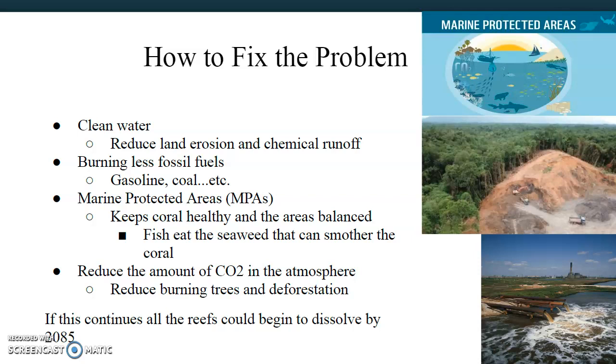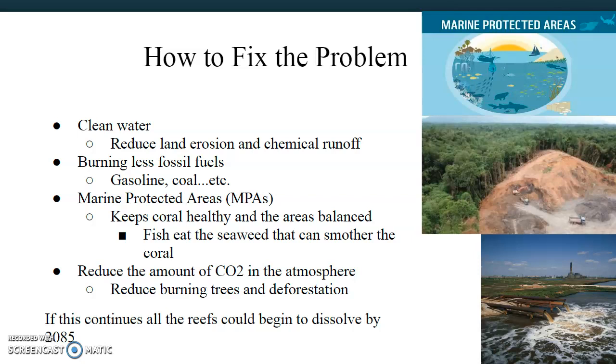Another thing is to actually have marine protected areas or MPAs. Basically, what you'll do is you'll have areas blocked off to where you cannot fish there, you cannot have anything around there that could impede or impact that habitat. So it basically keeps the coral there really, really healthy.